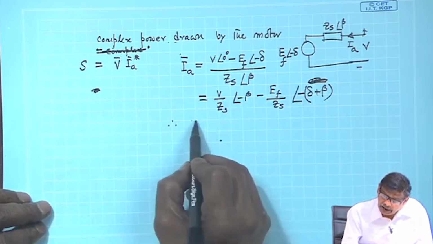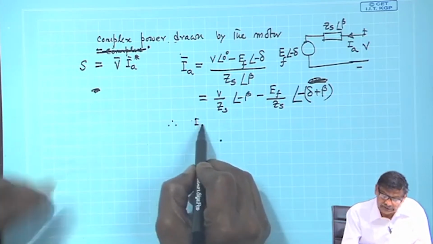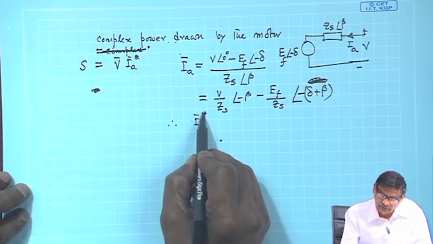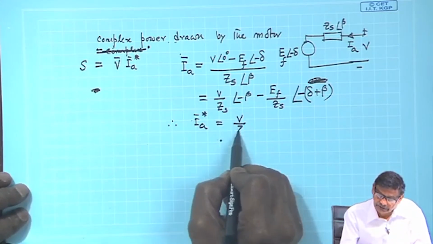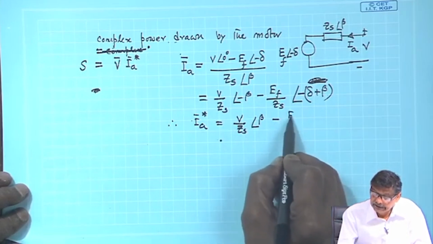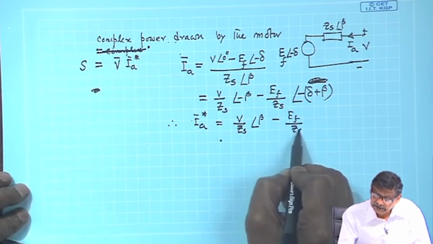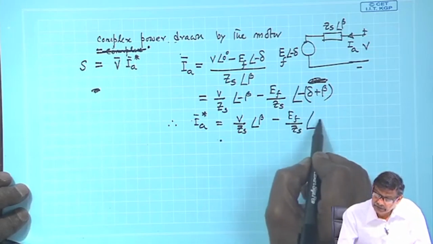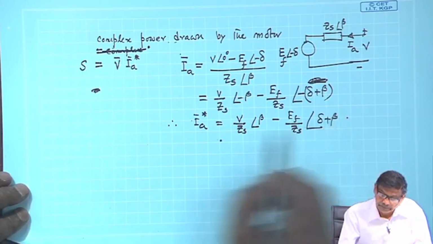Therefore, I need I A star in this one. So, this is V by Z s angle beta minus E f by Z s, and this angle will be delta plus beta.